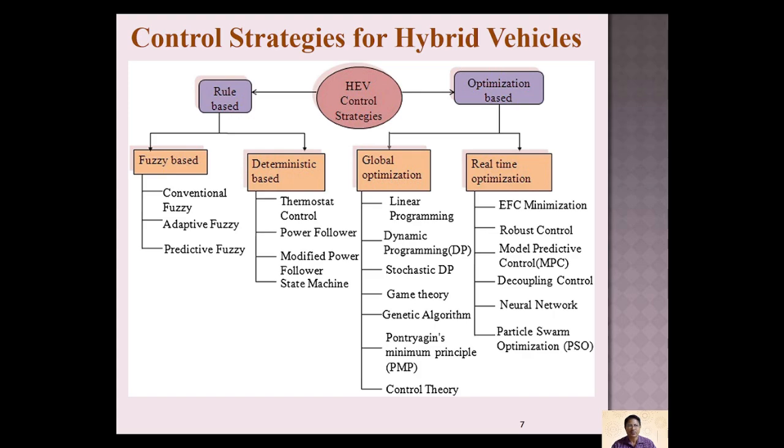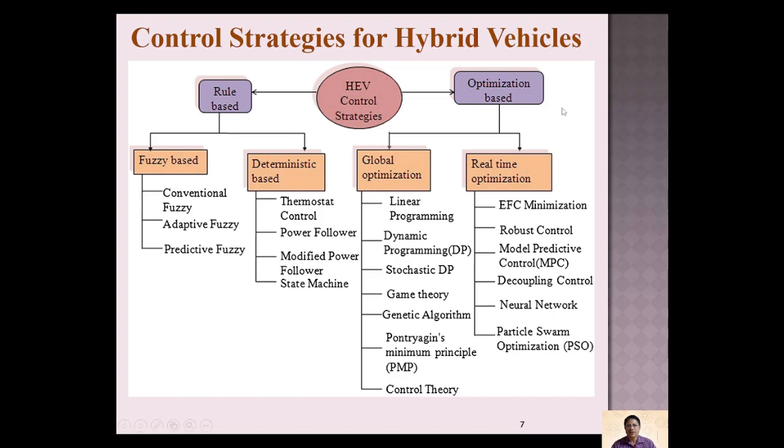One is fuzzy based, another one is deterministic based. In the fuzzy based: conventional fuzzy, adaptive fuzzy, then predictive fuzzy. In the name itself you can see that the fuzzy will work. Then deterministic based: the thermostat control, power follower, modified power follower, state machine. These are the deterministic based hybrid electric control strategies used.